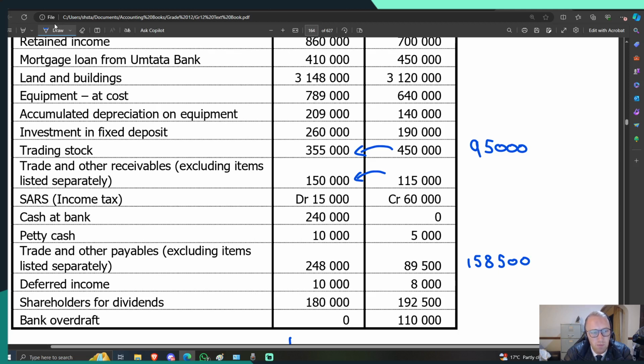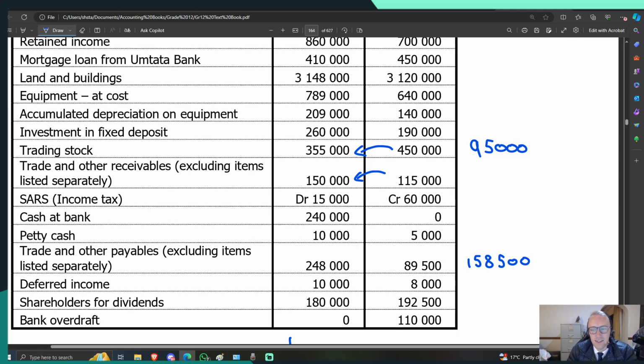Now prepaid expenses and income accrued might be in this trade and other receivables line, but they don't need to break that down for us. They have taken out for us the things that need to be separate, and it looks like they have not. There is nothing that we have to include in this or use separately.